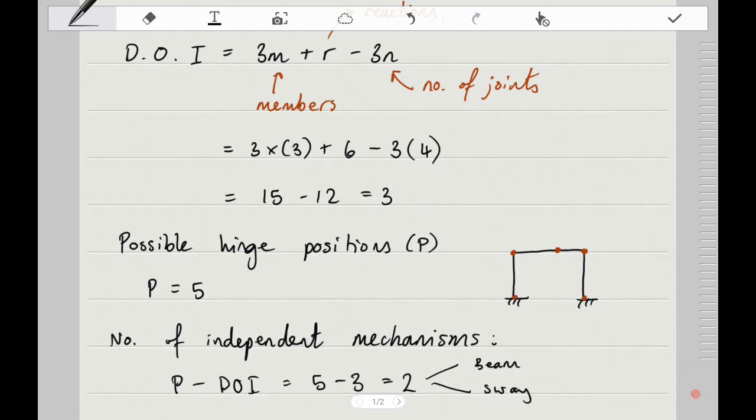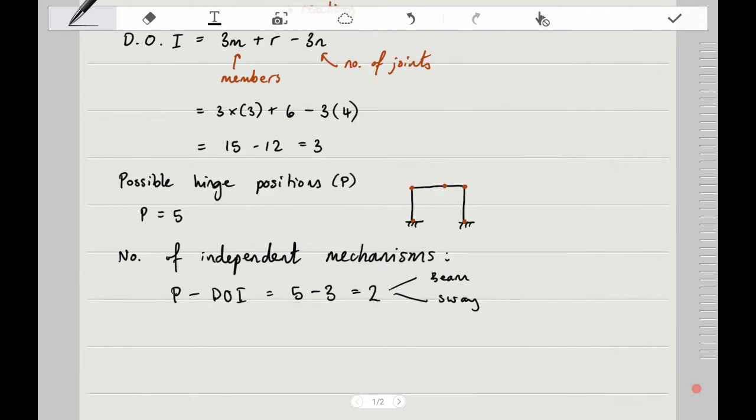Now, the total number of possible mechanisms is equal to the number of independent mechanisms, which is 2, plus 1, so that's going to equal 3.